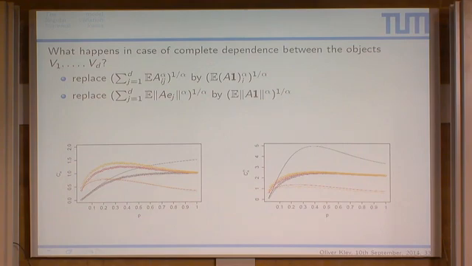Okay, and to get an idea in which sense the dependent case differs from the independent case, I have two plots here, one for the single agent and homogeneous network.